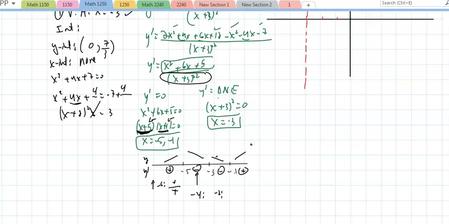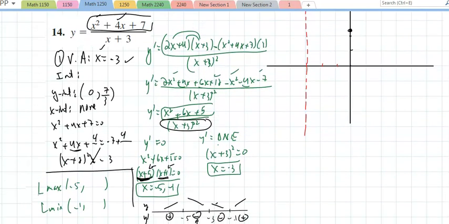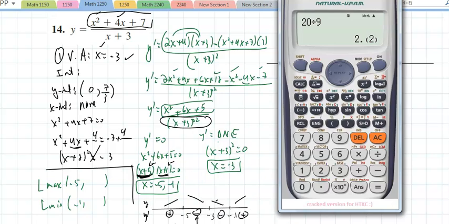So what we know right now, we have a local max at negative 5. I'll get that point in a minute. We have a local min at negative 1, and let's see. If I plug in negative 5 up there, again, I don't have to do that by hand. I can say parentheses. Remember how this works?